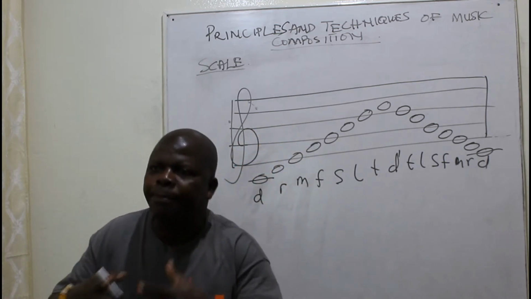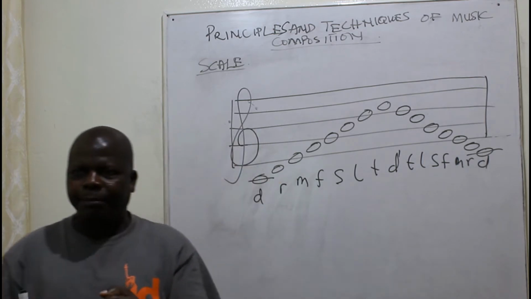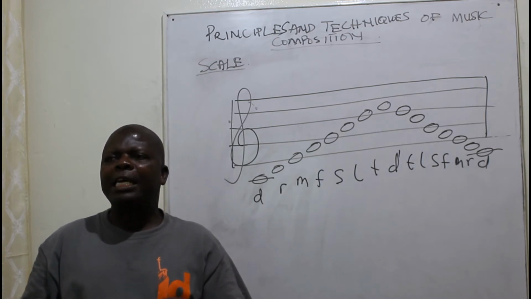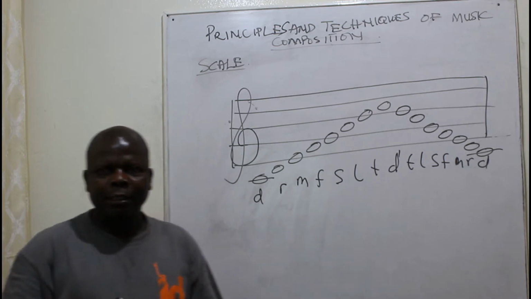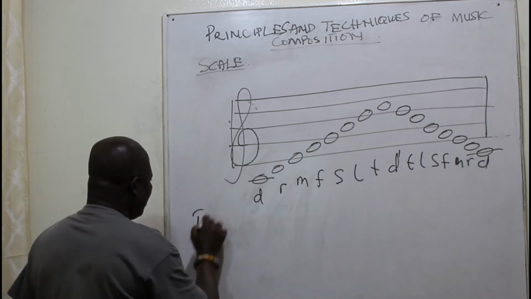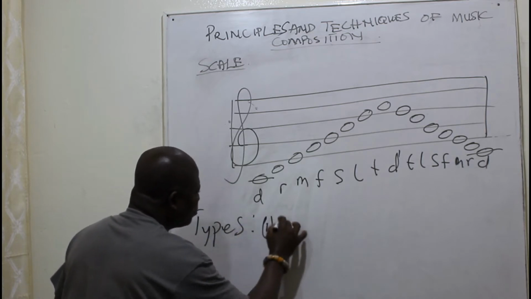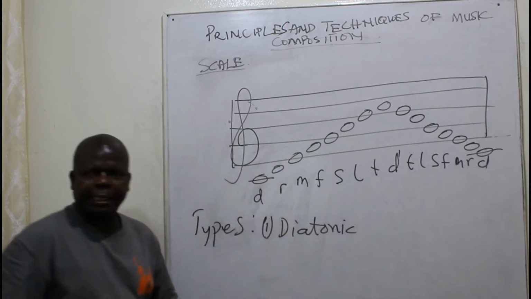Now we continue. We talk about types of scale. The scale is made up of types, and for now, we are going to limit ourselves to studying three main types of scale. The first one is called the diatonic scale.